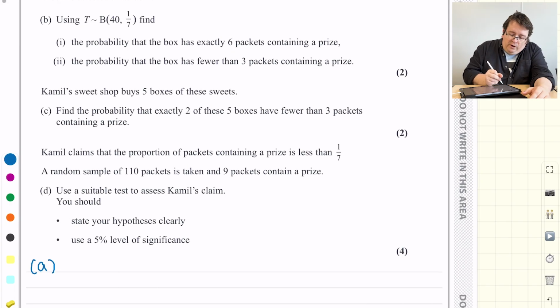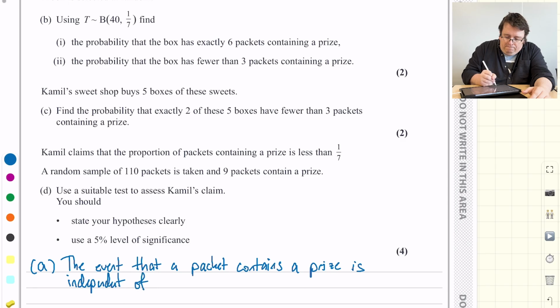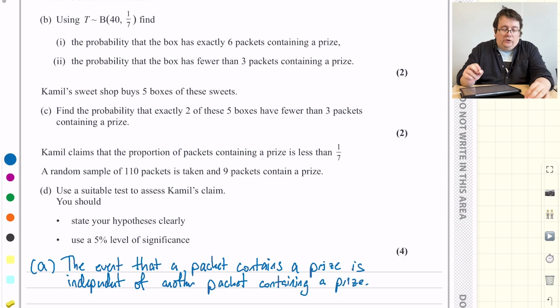So what I'm going to say is the event that a packet contains a prize is independent of another packet containing a prize. Okay, so I'm making sure that I'm writing it in context there.